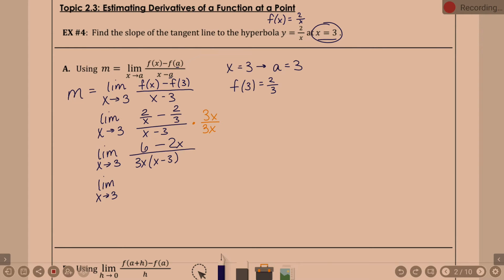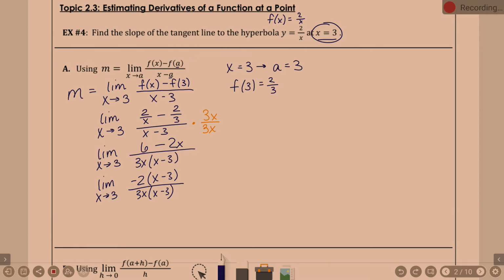Now, what you're looking at is if I flip this, it's negative 2x plus 6. So factor out a negative 2. If I factor out negative 2 from negative 2x, it's x. And if I factor out negative 2 from 6, it's minus 3, over 3x times x minus 3.